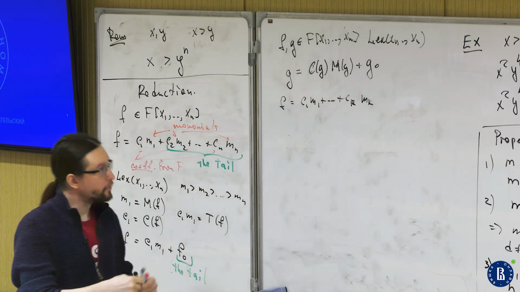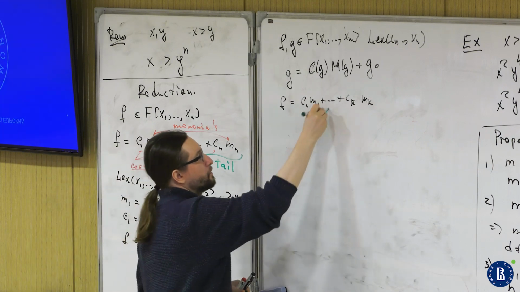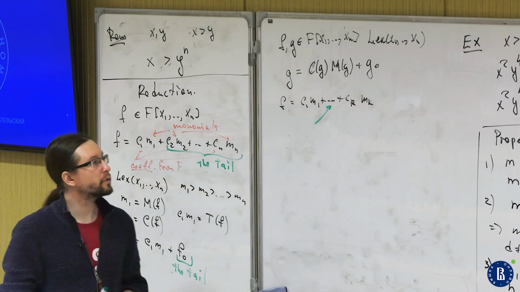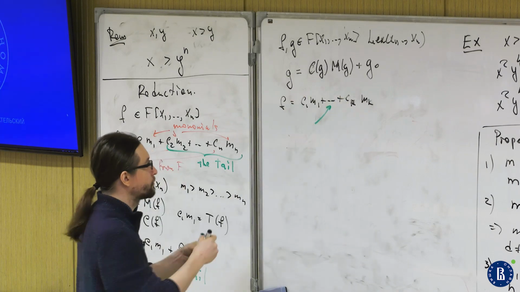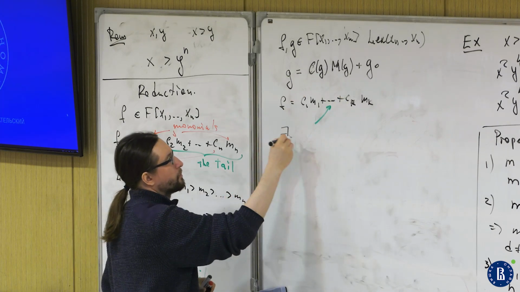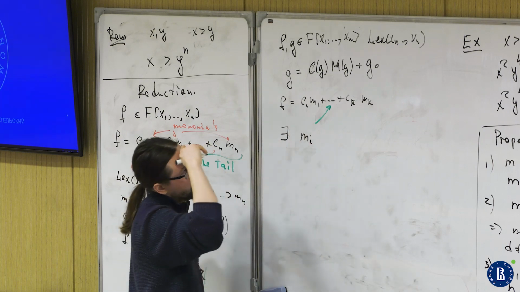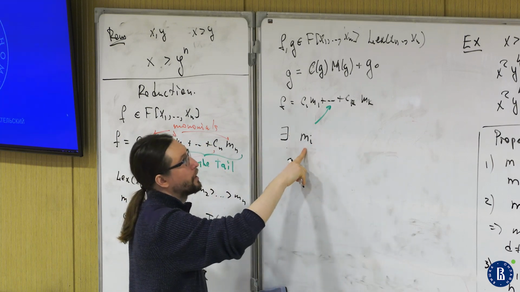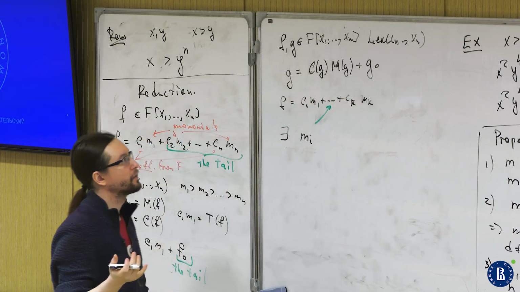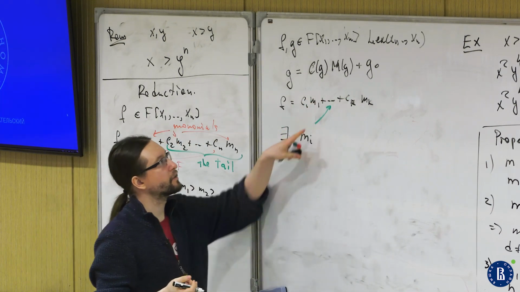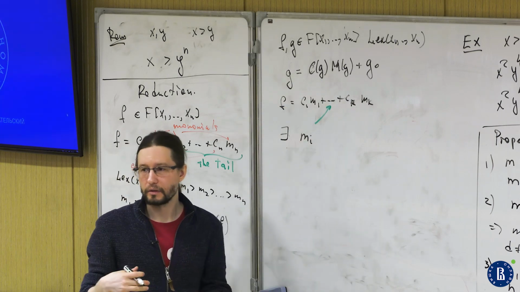Now, suppose here we have a monomial which is divisible by this guy. Suppose there is a monomial mi such that the monomial mi is divisible by mg. What does it mean? It means that it can be presented as mg times another monomial.